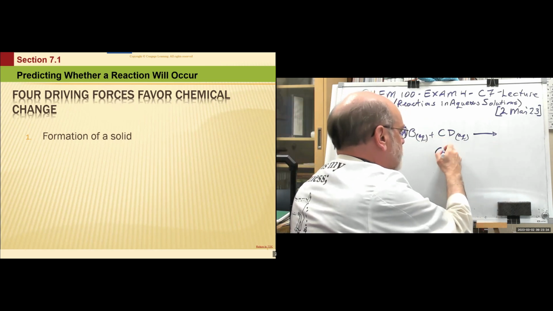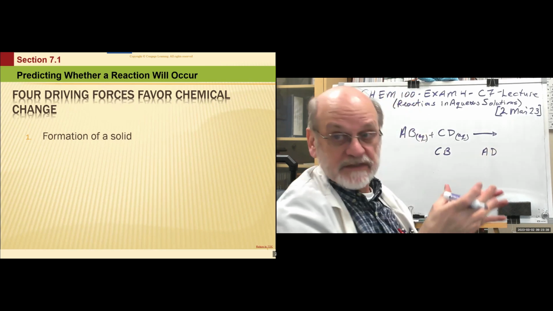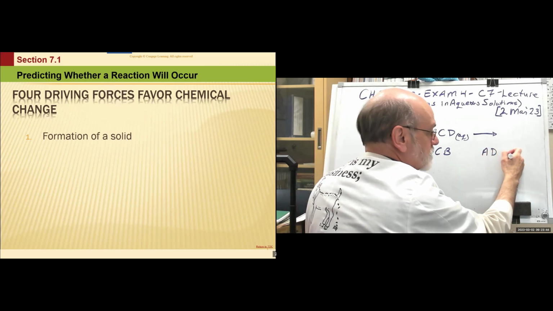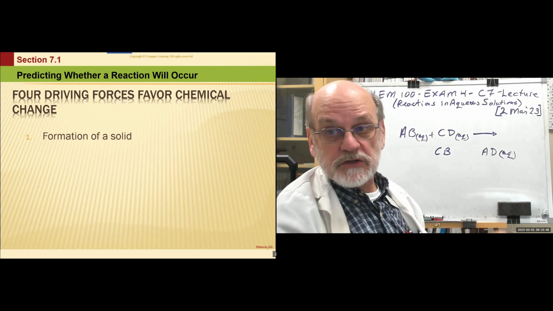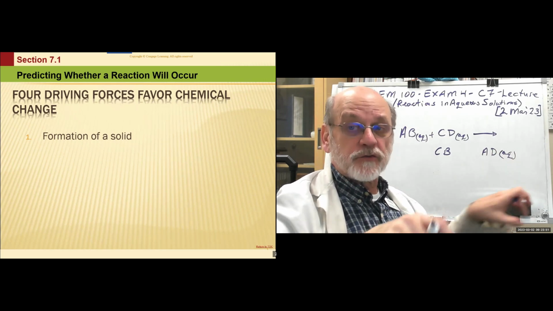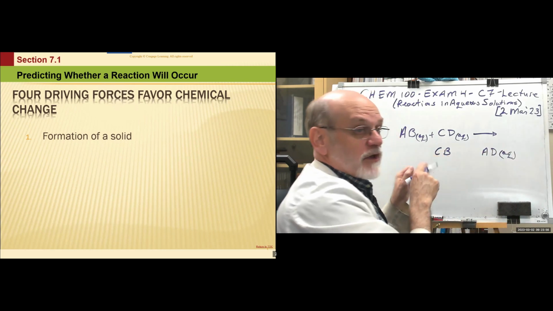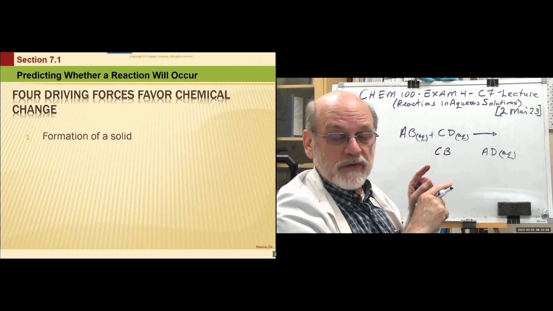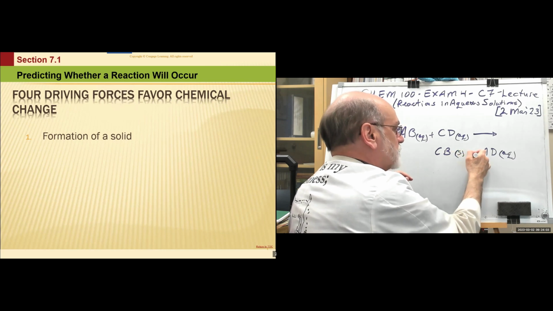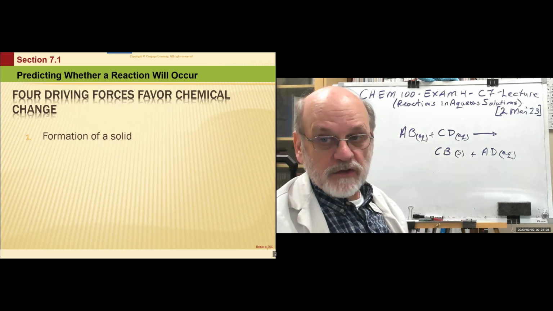So there would be a CB and an AD possibility. Maybe this one stays in solution, which is another way of putting that the ions are still free floating. They're not associated. But suppose these two ions do strongly associate with one another and they are no longer soluble. Then we call that a solid or a precipitate, and it drops out of solution.